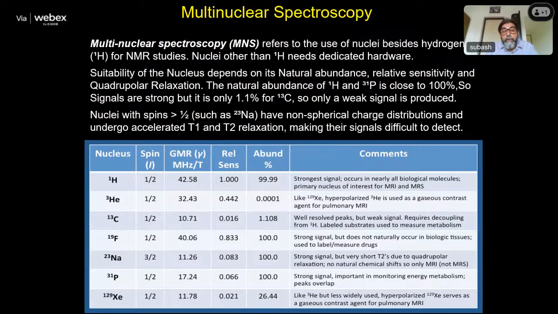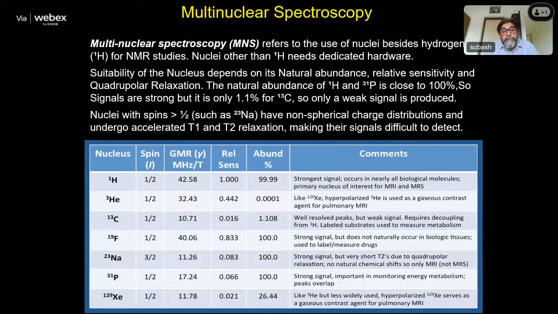And one could also generate a sodium image in the brain if you have appropriate hardware, the coil and the high Tesla magnet, so that you have enough signal to detect from the sodium.